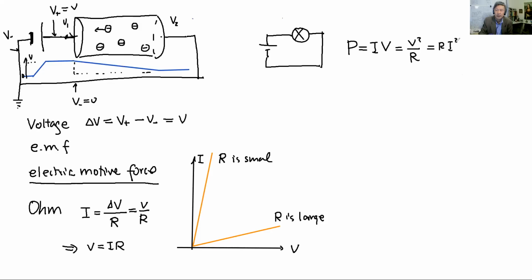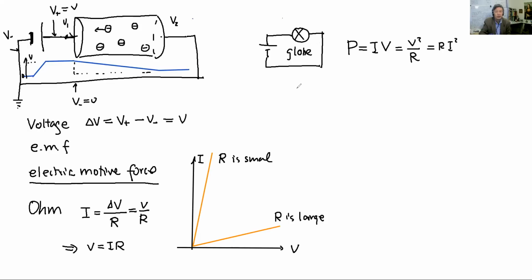In either case, there's no guarantee the current will be constant, because the current is determined by the ratio of voltage and resistance. So when we decide the power of the electric globe, we use that every day.